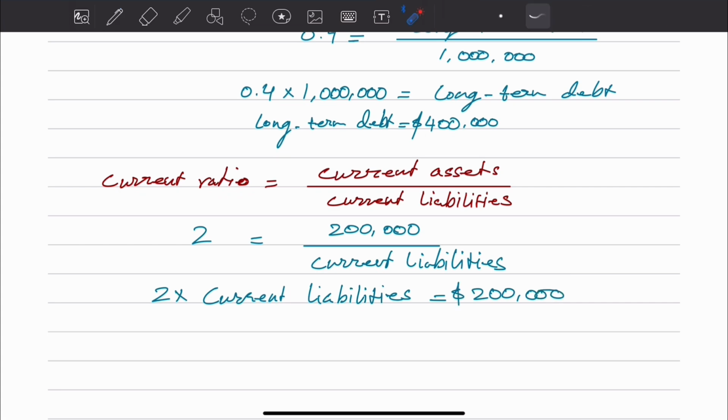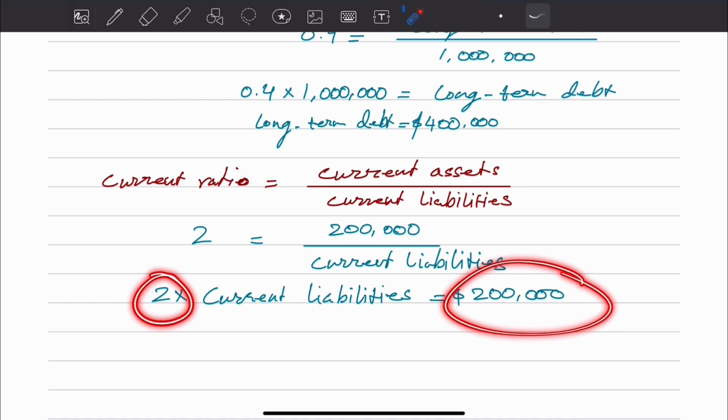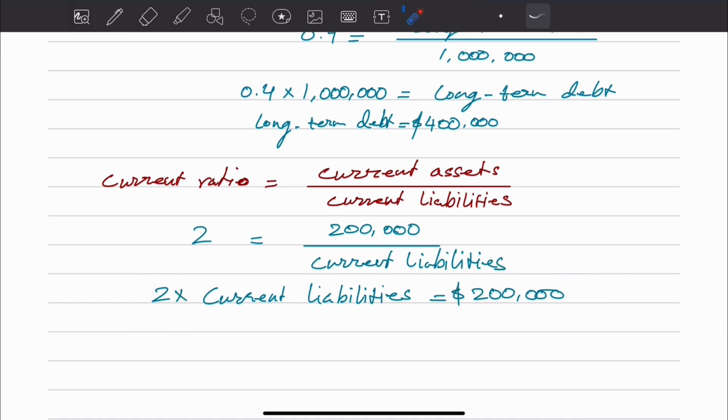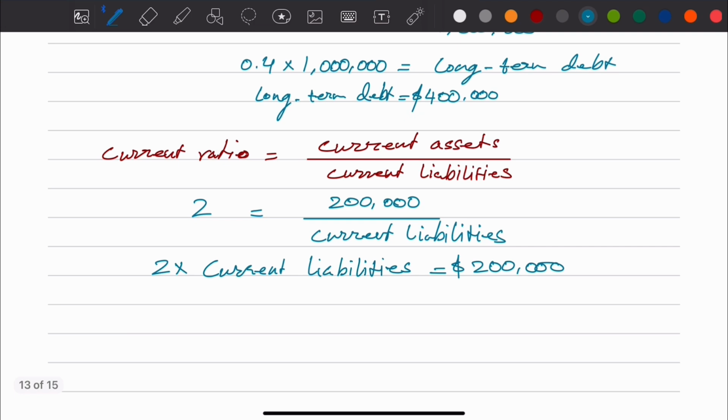We want this term to be alone on one side, so we take the 2 and move it to the other side. Knowing that 2 times the current liabilities equals 200,000, this means that current liabilities will equal 200,000 divided by 2, which means that current liabilities equals 100,000.